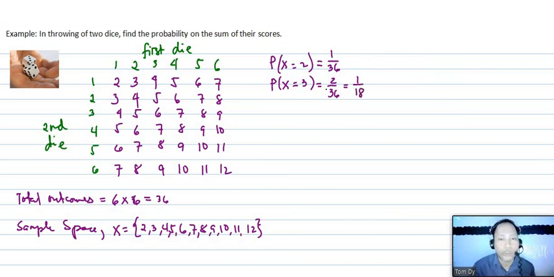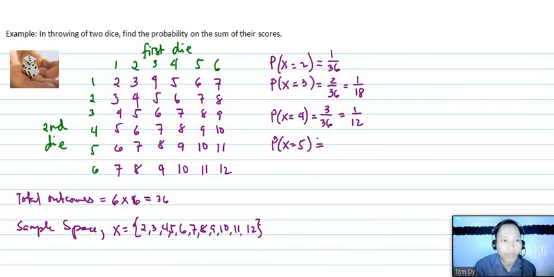Always reduce to lowest terms. Now, the probability when x is equivalent to 4. Okay, how many 4's do we have? 1, 2, 3. So, we have 3 over 36, and they are divisible by 3, so 1 over 12. And then the probability when x is equivalent to 5.